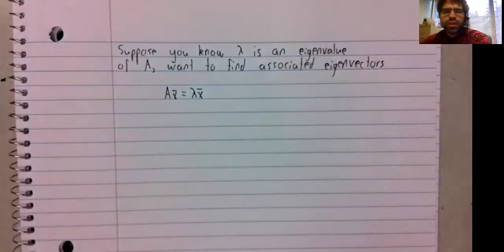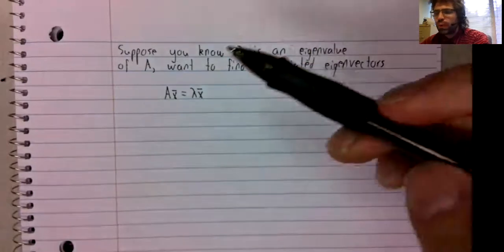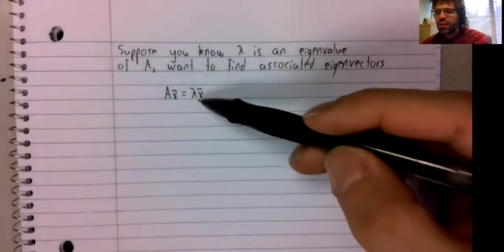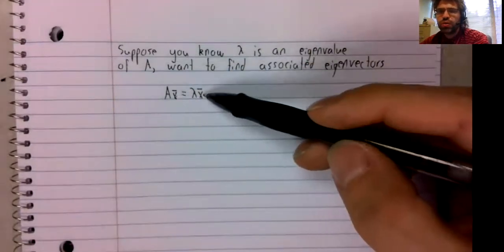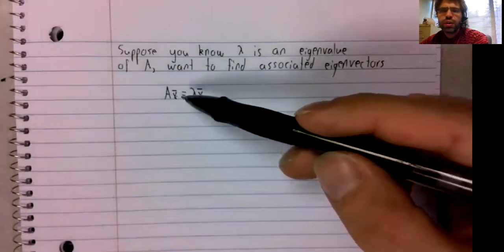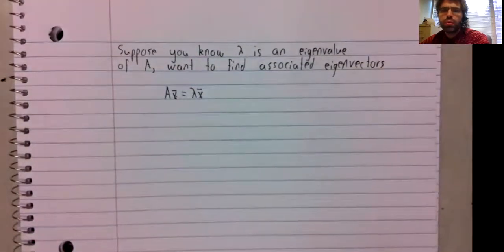AX equals lambda X, but we don't know how to solve matrix equations where the unknown vector appears in multiple places.